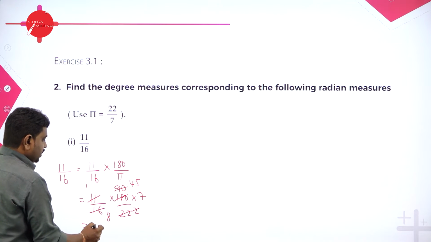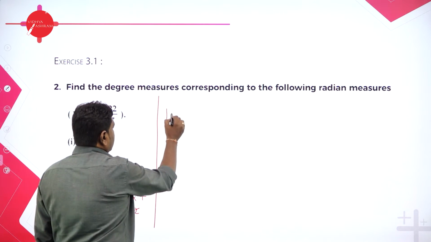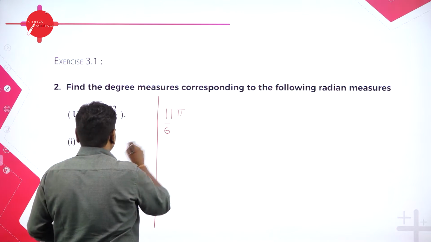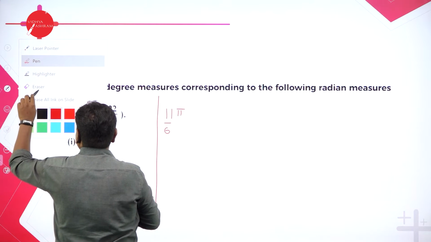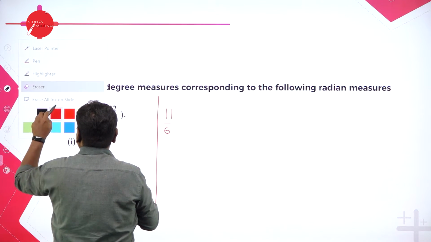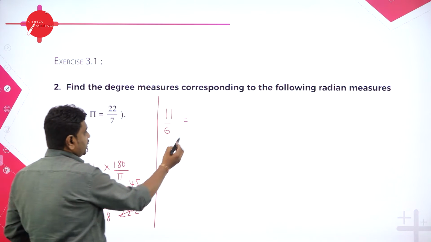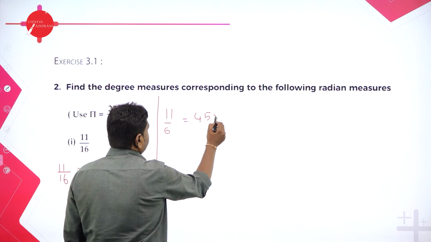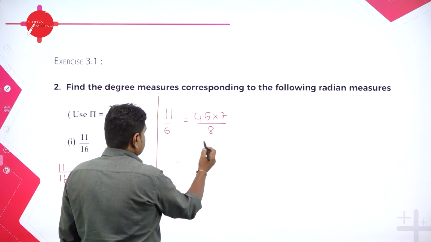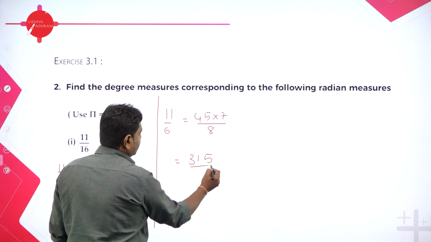So 45 into 7, you multiply that. So what is left out? 45 into 7 by 8 we have. So if you multiply this, 7 5s are 35, 3, 7 4s are 28, 28 plus 3, 315 by 8.